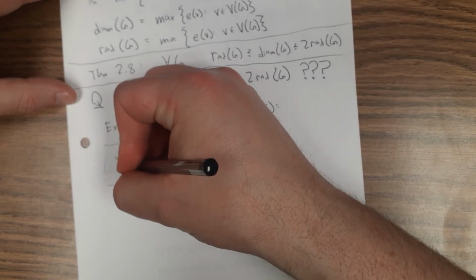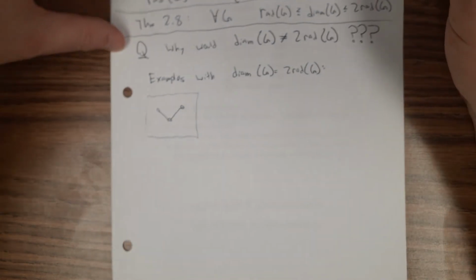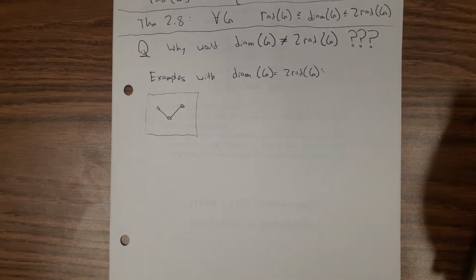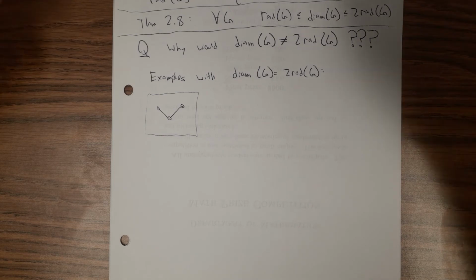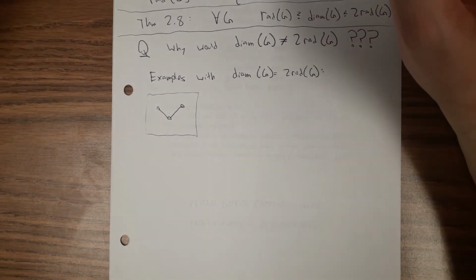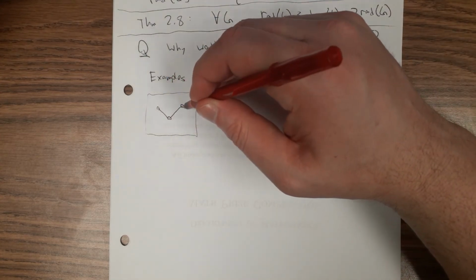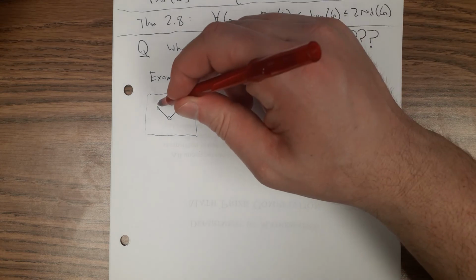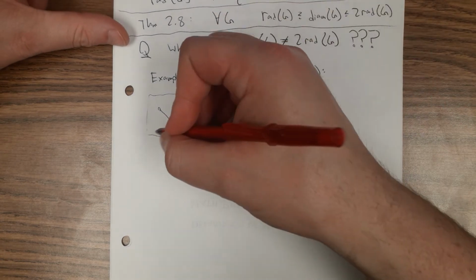Like, how about this graph? This is a good exercise to help understand eccentricity, diameter, and radius. I'm going to label each vertex with its eccentricity.